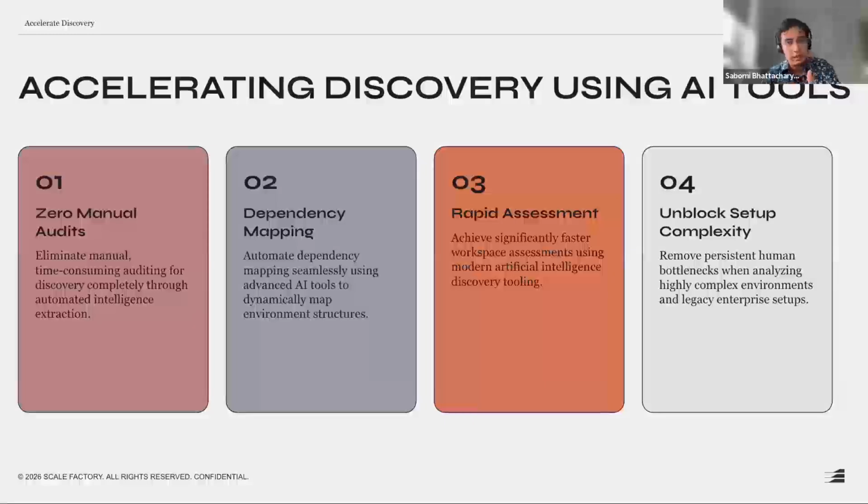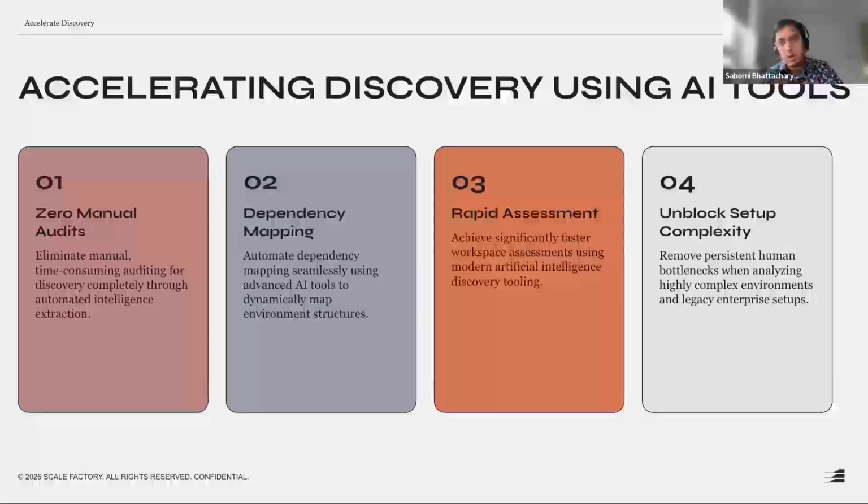But what happens when you use AI tools, meaning the applications or tools that work along with an LLM? It provides the following advantages. The first is zero manual audits. You don't need to go through the time-consuming process of manually extracting the information. Then there is dependency discovery: it automatically helps you map the application dependencies, like service A communicates with database B, so you have that mapping in your hand.